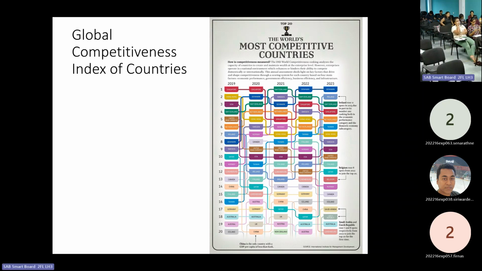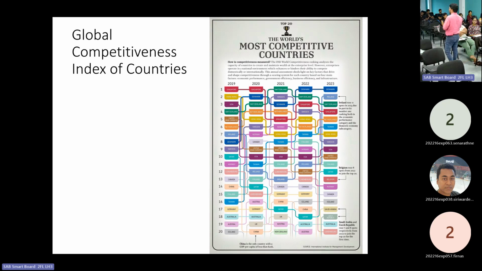I can't exactly remember who was involved in this particular measurement. It shows the world's most competitive countries, and Denmark has been able to secure its position, and other countries too. That refers to the competitiveness of each country.